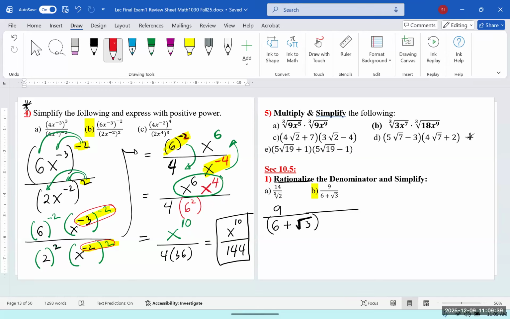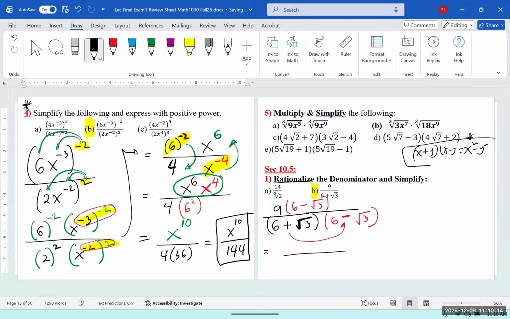Yeah. Conjugate. So conjugate means the same two terms, but their middle sign is different. So you multiply numerator and denominator by the conjugate. When you multiply conjugates, either you can use FOIL to multiply them, or you can simply use the difference of perfect squares. When you multiply x plus y and x minus y, the answer is x squared minus y squared.